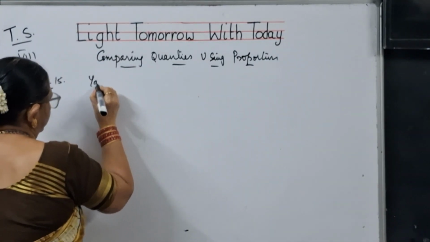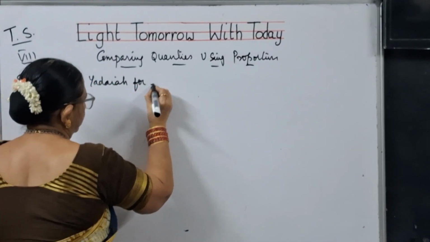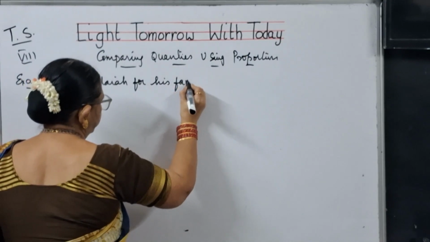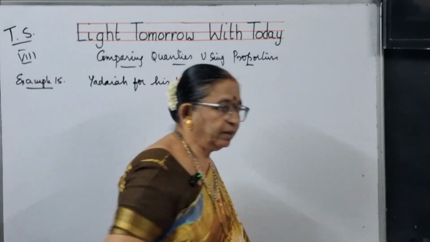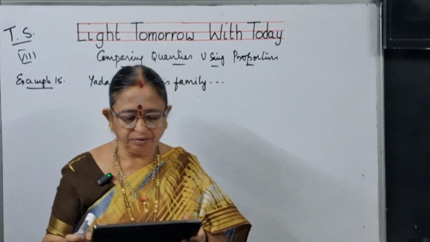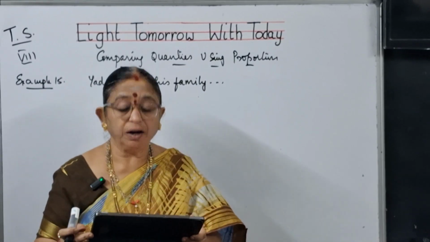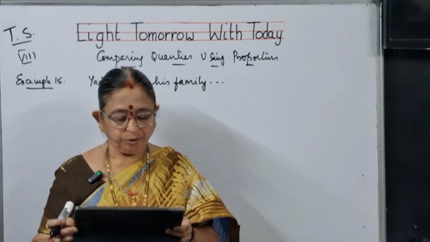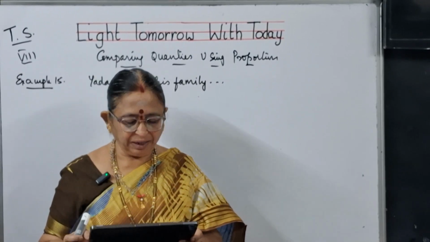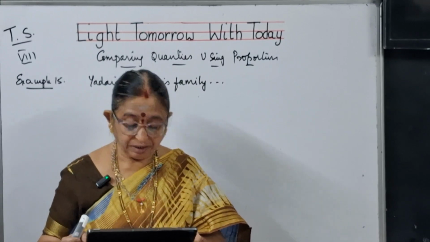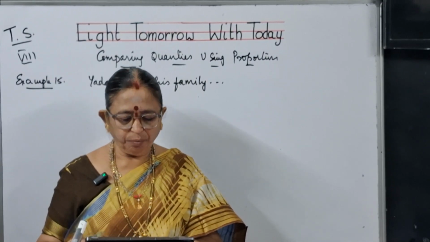Example 15: Yadaya for his family needs borrowed 5,120 rupees at 12.5% per annum compounded annually. How much amount does he have to pay to clear the debt at the end of 2 years, 9 months? Also find how much interest he has to pay.